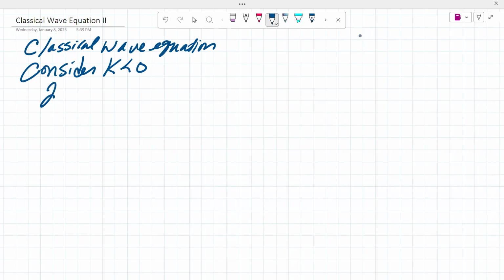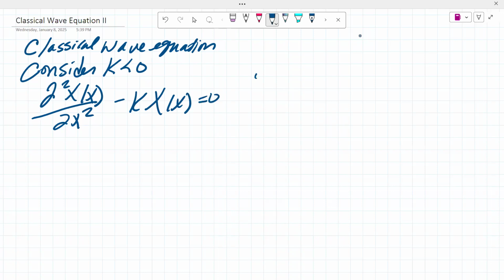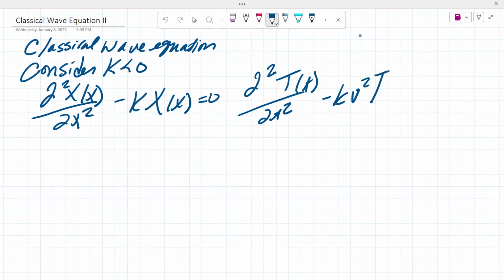We have d squared X(x) over dx squared minus k X(x) equals 0. And we have d squared T(t) over dt squared minus k v squared T equals 0. All right, these are our situations.